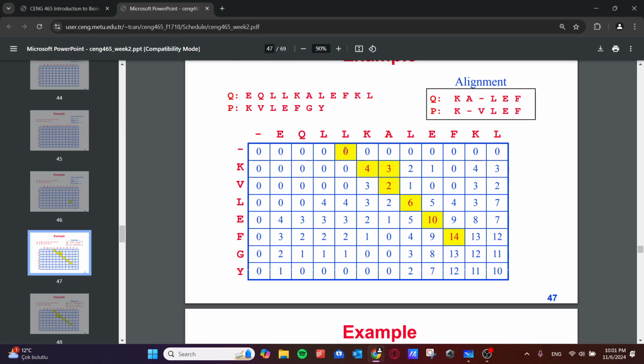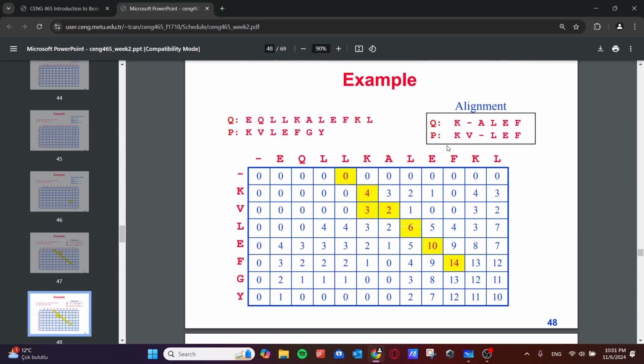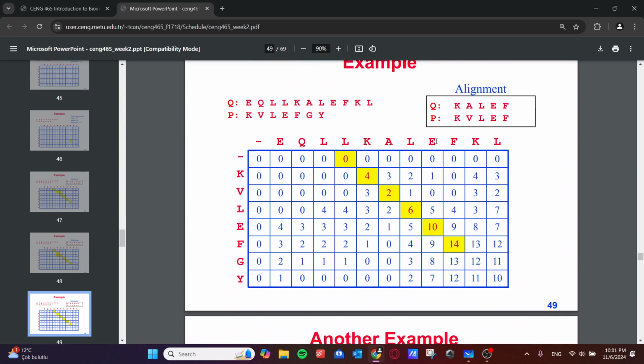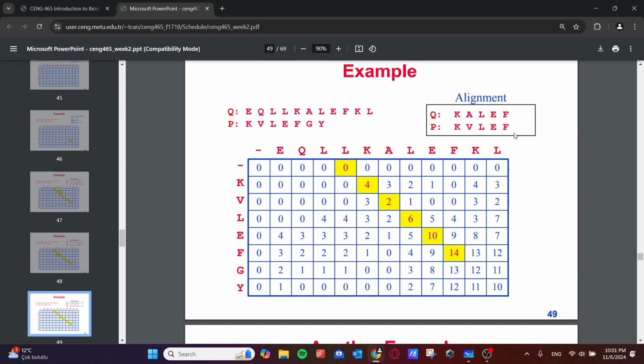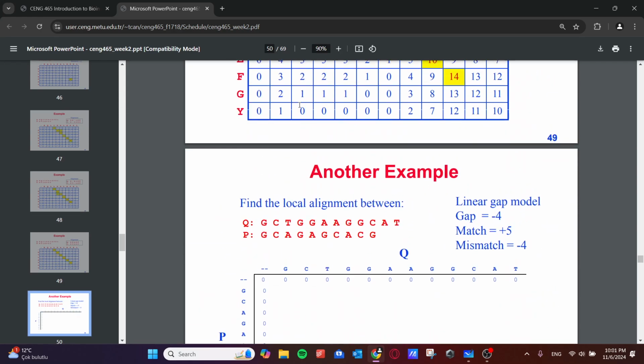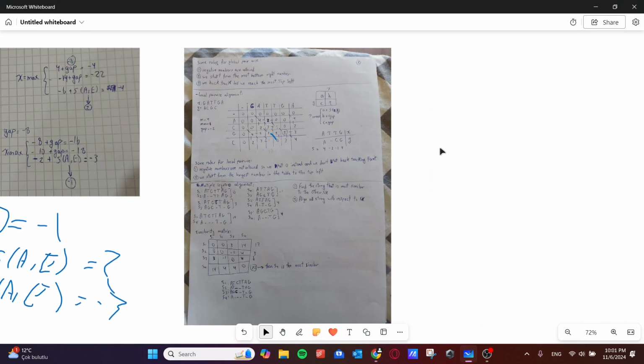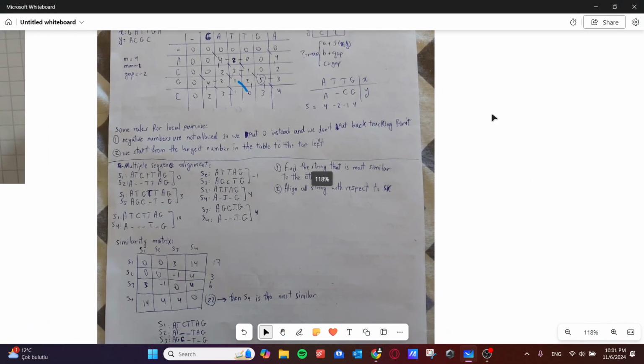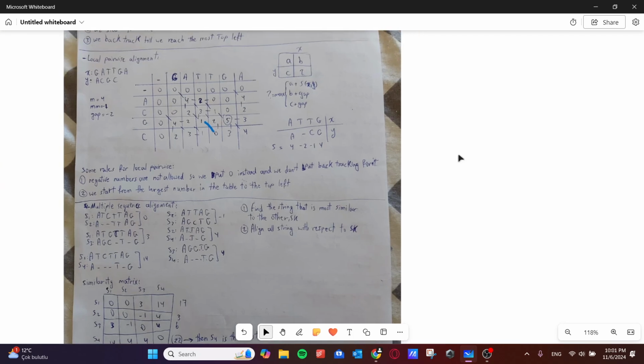So here it's diagonal between the 4 and 0, so I take both letters, so it's KK. And we have this example too, you can try to solve it, guys. And this one. Yes, that's it. So let's go back to the multiple sequence alignment.